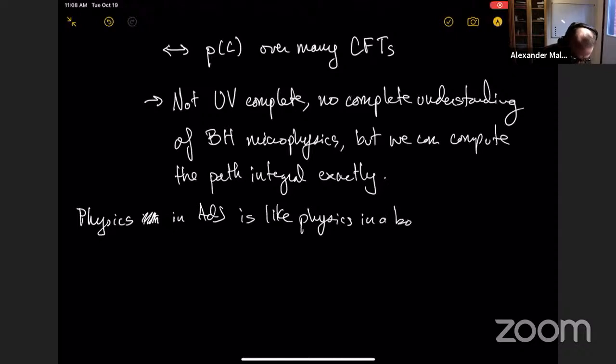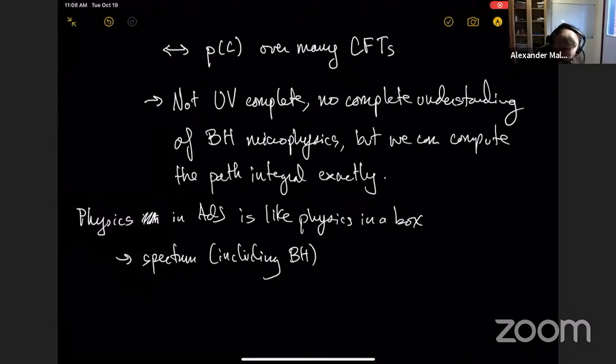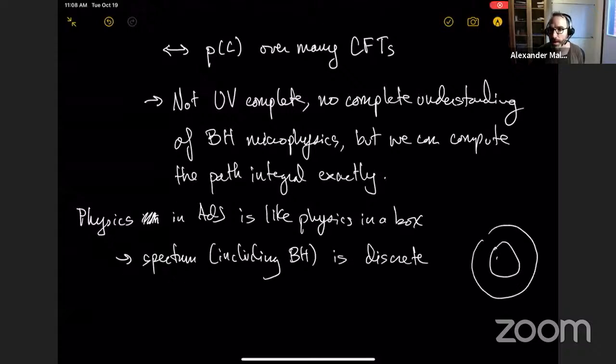In particular, the spectrum of the theory, including the spectrum of black holes, is discrete. And so, for example, if you want a picture of a black hole in anti-de Sitter space, you should think of it as a black hole in a box whose size is the AdS radius. And this black hole is in equilibrium with its own Hawking radiation.